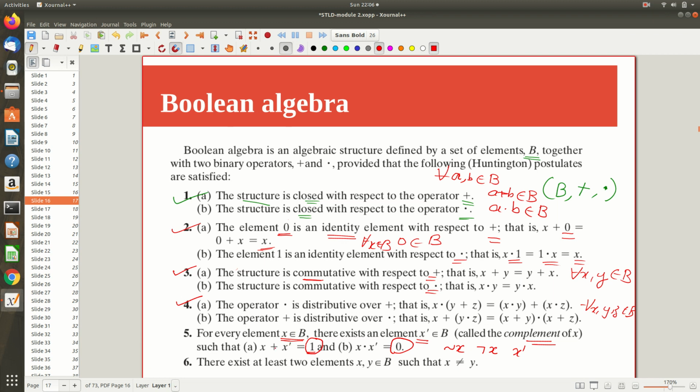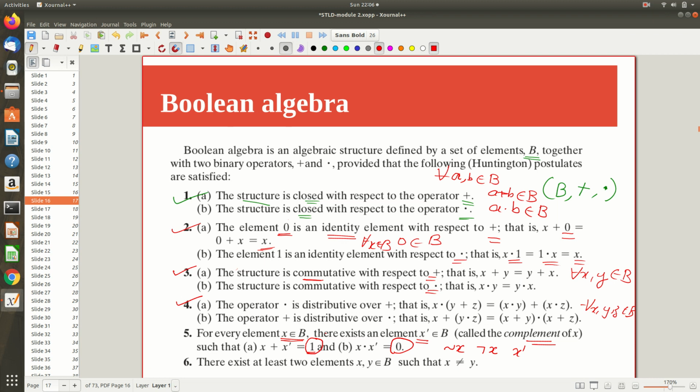But you know what is inverse? Hope you remember now. If this x dash is denoting inverse, then the requirement will be any element, operator, inverse should give you the identity of the same operator. Like here it will be x plus x dash is equal to 0. But that we don't want. In Boolean algebra, we don't want the existence of inverse, something we already saw in normal algebra.